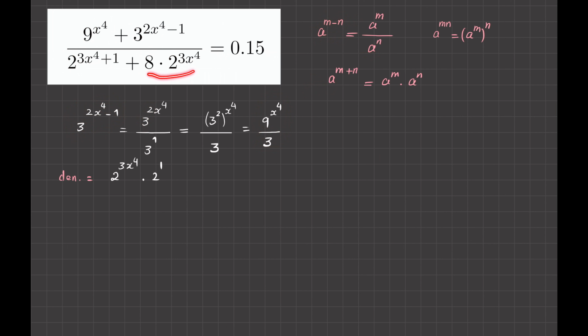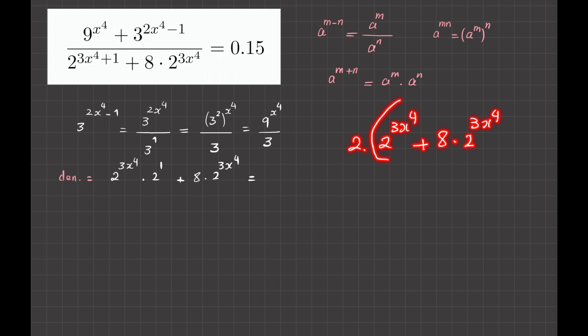The second term of the denominator, I just copy and paste. So let me change my color. I can just copy and paste 8 times 2 to the power of 3x to the power of 4. But now look what happens. Here 2 to the power 1 is just 2. So it means that I have 2 times 2 to the power of 3x to the fourth, plus 8 times 2 to the power of 3x to the fourth.